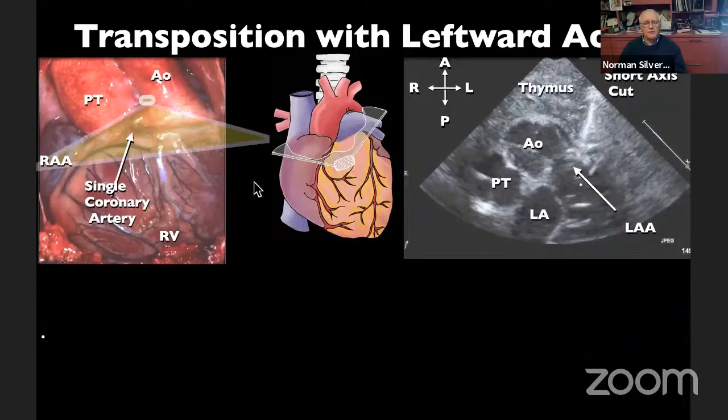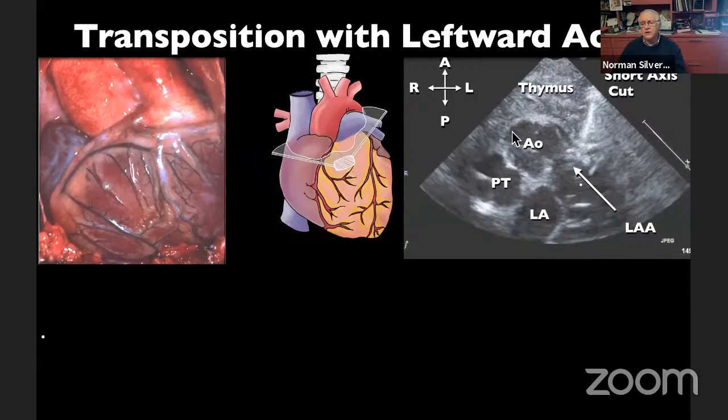Now, looking at the position of the aorta and the pulmonary trunk in a patient where there is transposition, we see that as can occur that the pulmonary trunk can be on the right and the aorta on the left. Here is the cut here that we show over here. And you can see here this patient also has a single coronary artery coming from the aortic sinus and running over the arteries there.